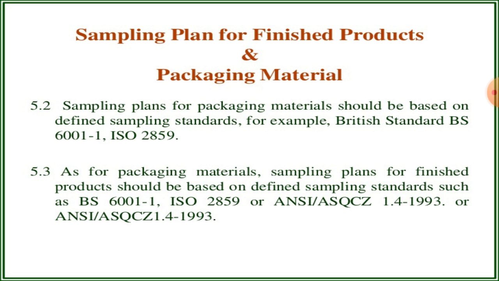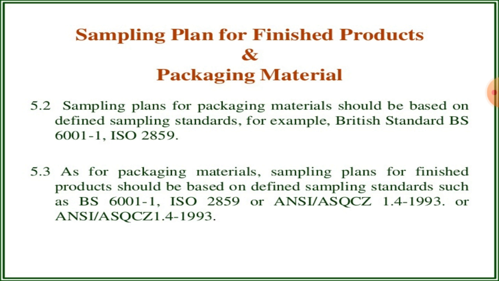Sampling plan for the finished products and the packaging materials. Here are the sampling plans for the finished products and packaging materials. The sampling plans for packaging material should be based on defined sampling standards, for example British Standard, that is BS, whose number is given here.